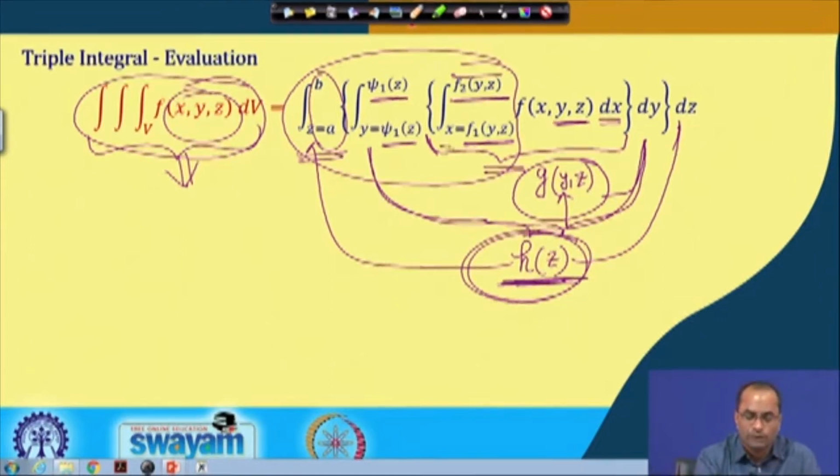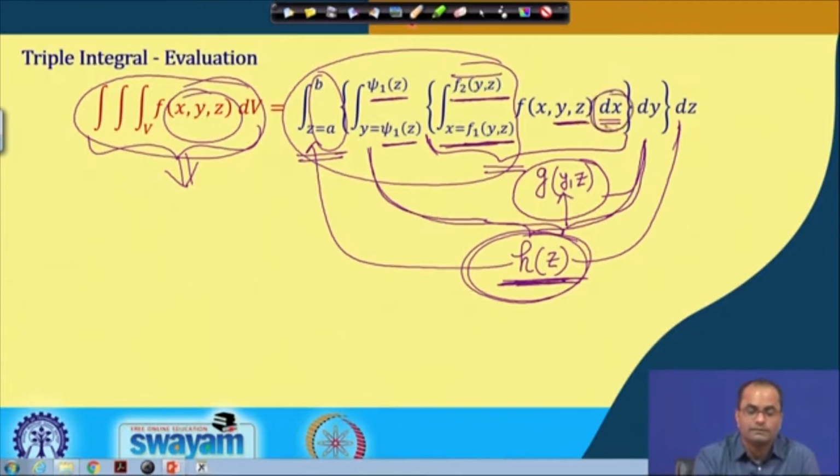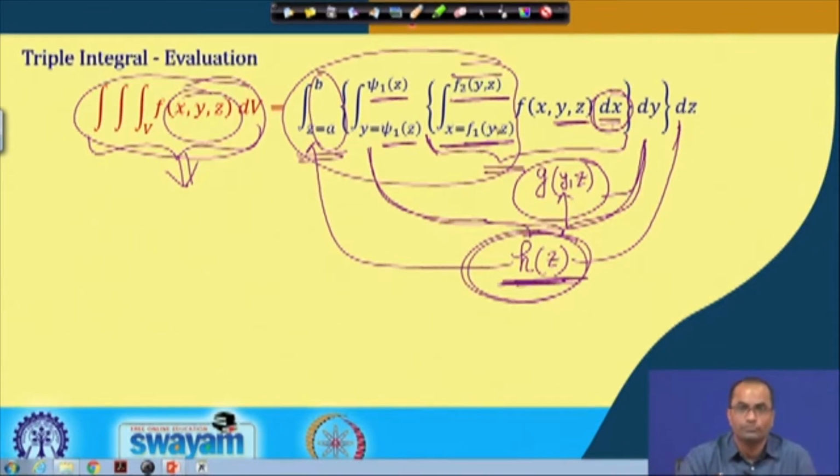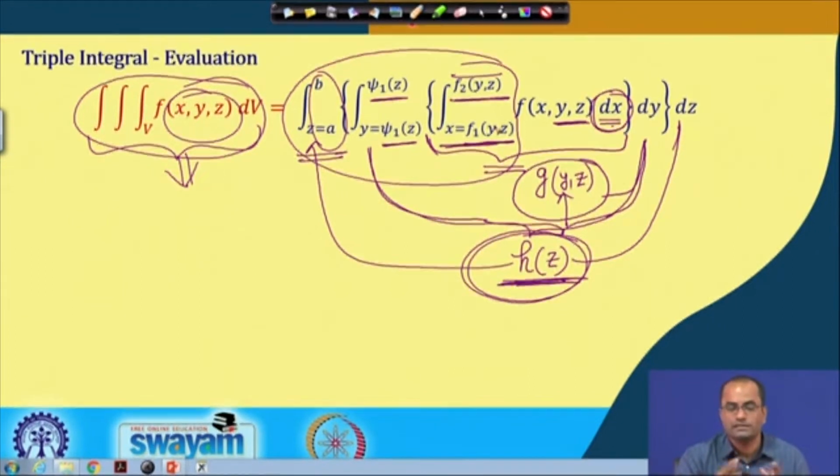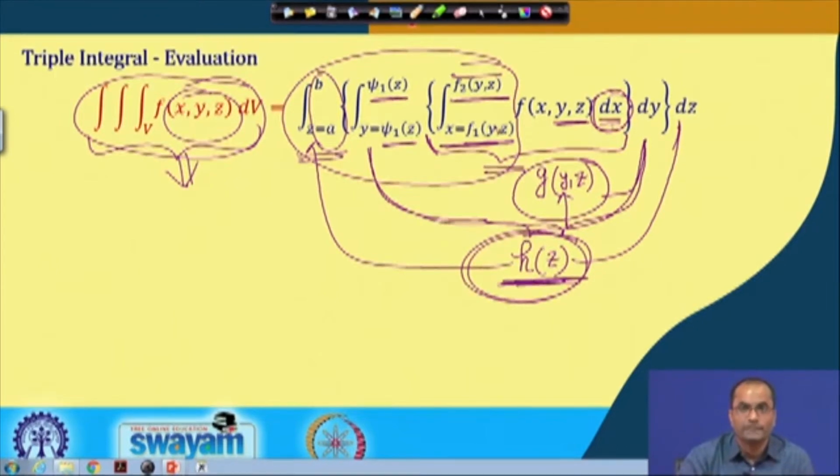So, for the inner one, when we are integrating with respect to x, the limits can be functions of y and z, both the lower and the upper one. After this integration, x is removed, we have a function of the variables y and z, and then we integrate with respect to y.